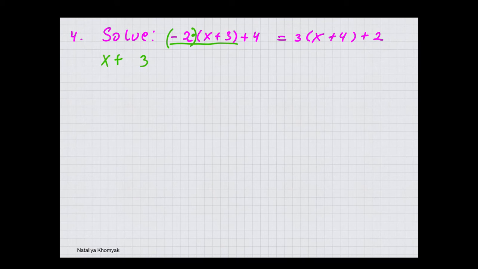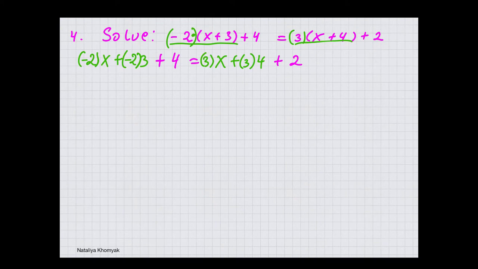We distribute this negative 2. 4 stays the same because it was not inside of the parentheses. Then we need to distribute inside of this parentheses. We have x plus 4, and we need to distribute 3. 2 stays the same because it was not inside of the parentheses.